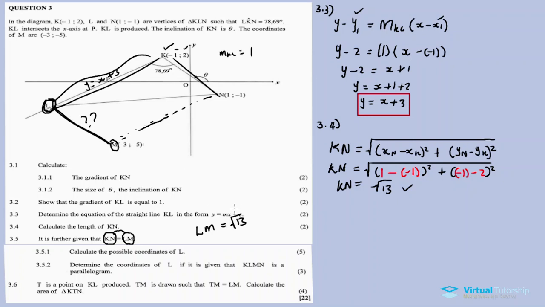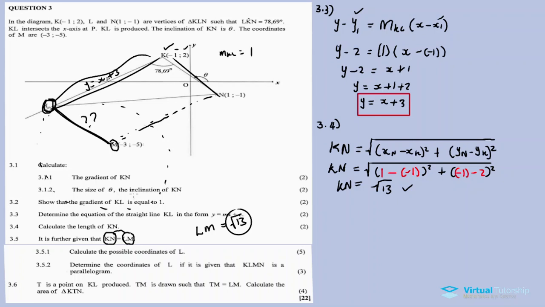Since I'm given the length of LM, I can use the distance formula to get an equation, not the actual equation for line LM, but an equation linking M and L. You will see at a later stage that this can be imagined as a circle, and this is just a line touching the circle.